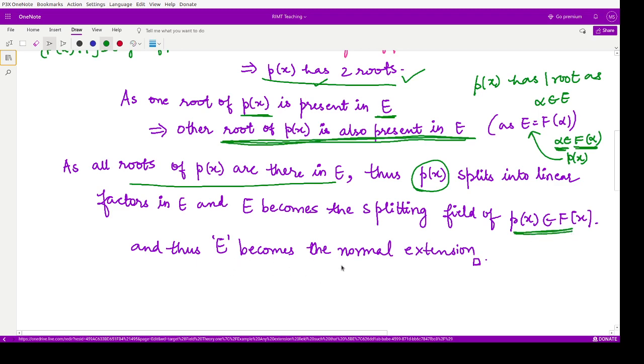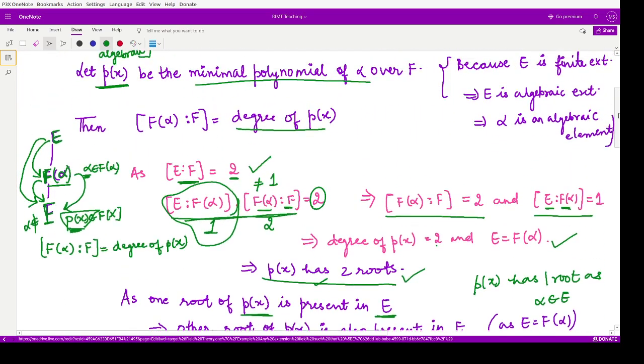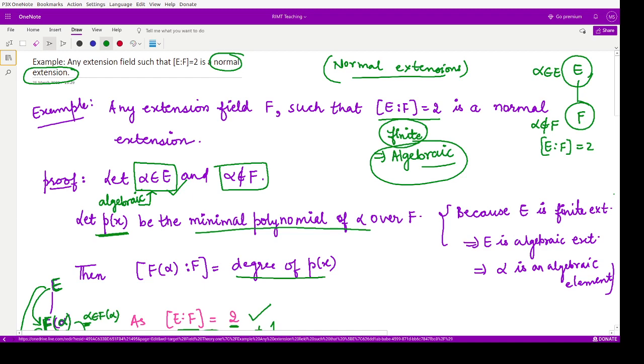Thus E becomes a normal extension, and this was what we intended to prove. So I hope this one is clear to you.